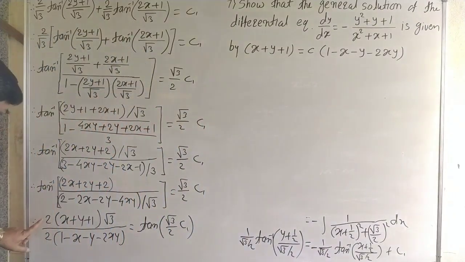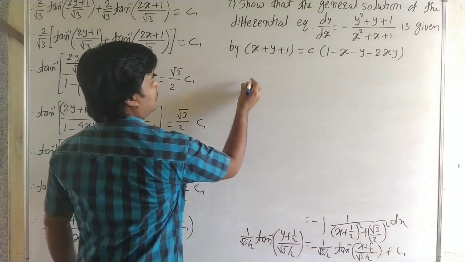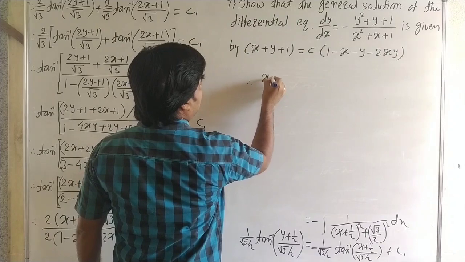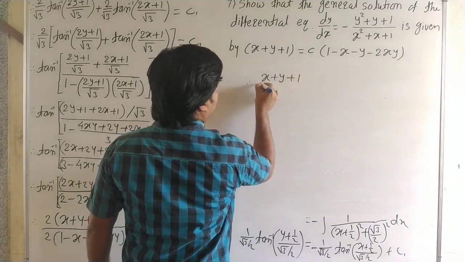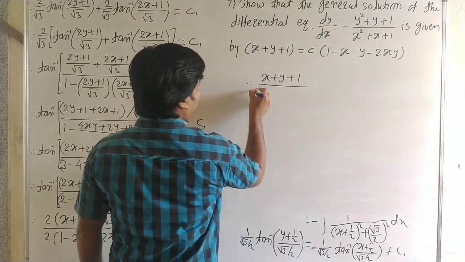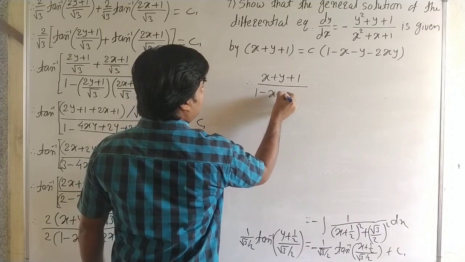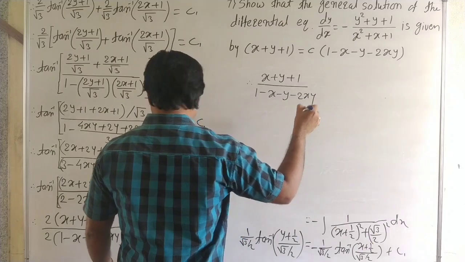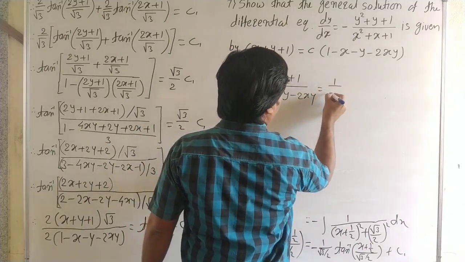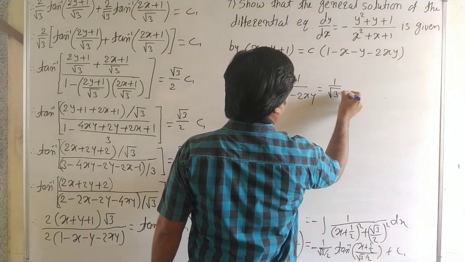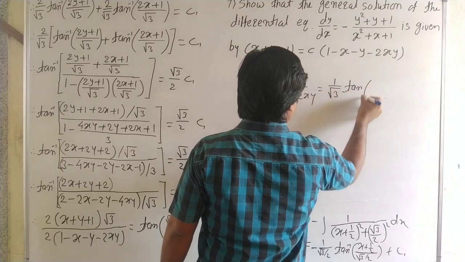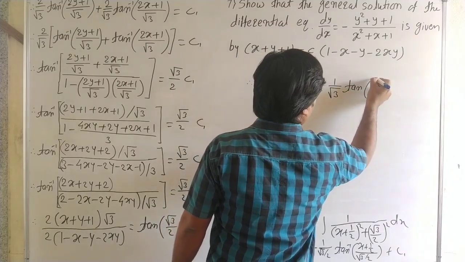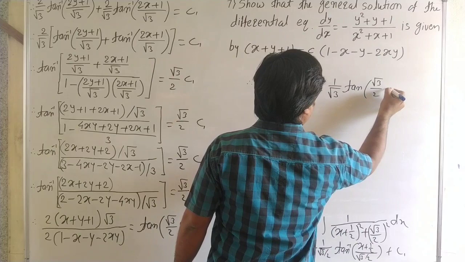Now here the 2 gets cancelled, therefore you can write x plus y plus 1 upon 1 minus x minus y minus 2xy is equal to 1 by root 3 tan of under root 3 by 2 into c1.